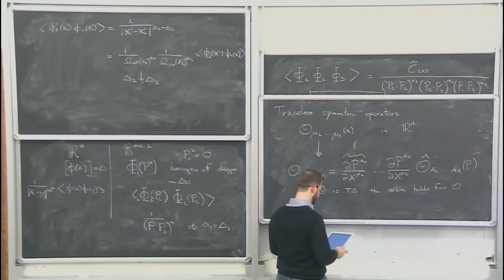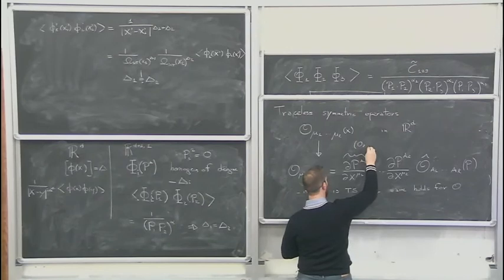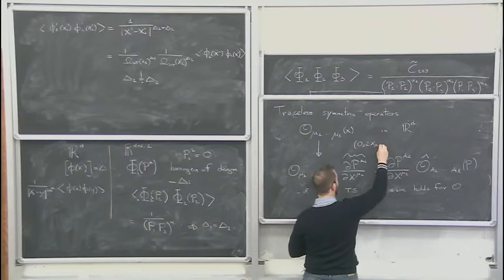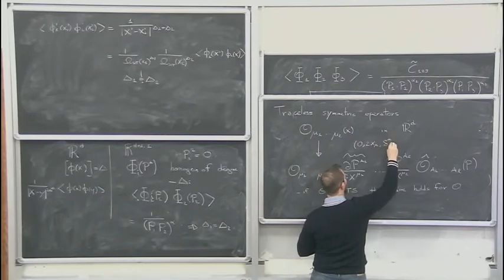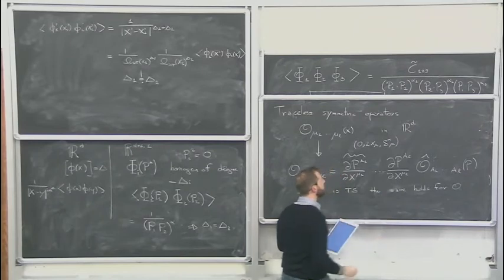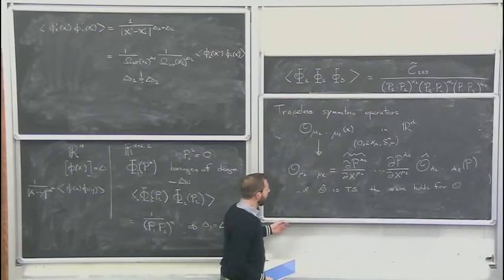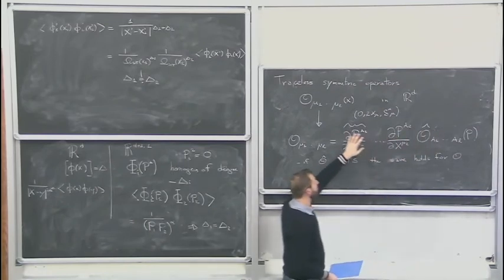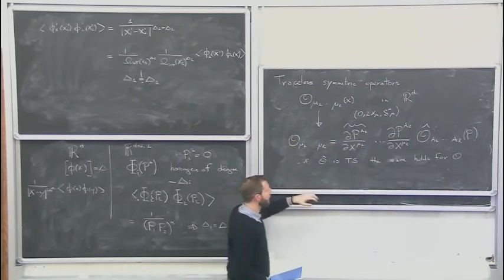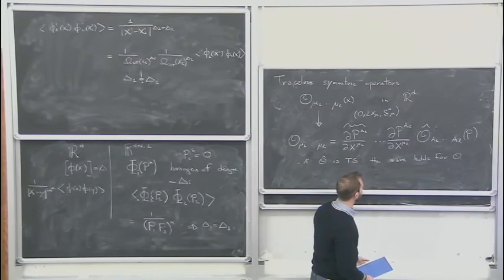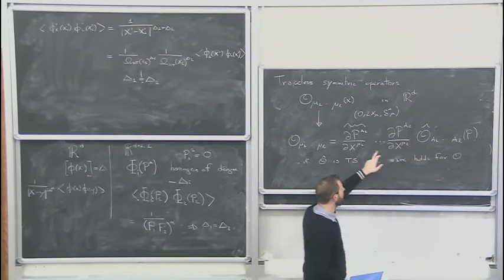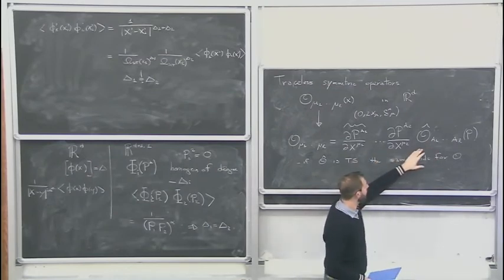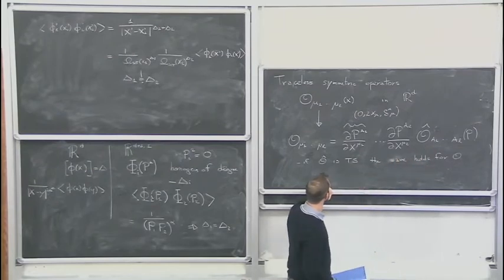This object looks like 0, 2x mu, 2x mu, and delta alpha mu. So if you start with a traceless symmetric operator, you end up with a traceless symmetric operator, which is good.